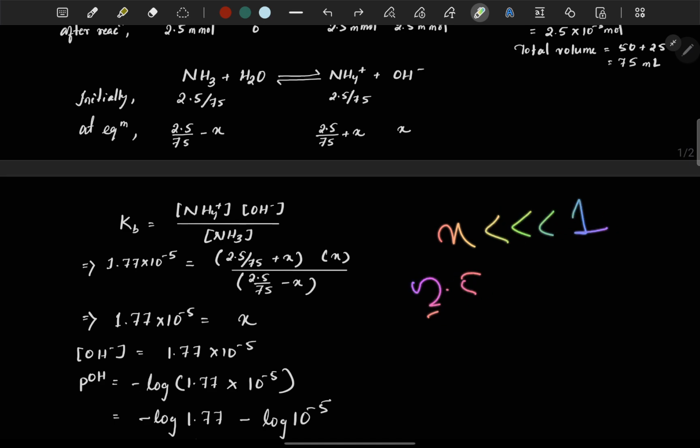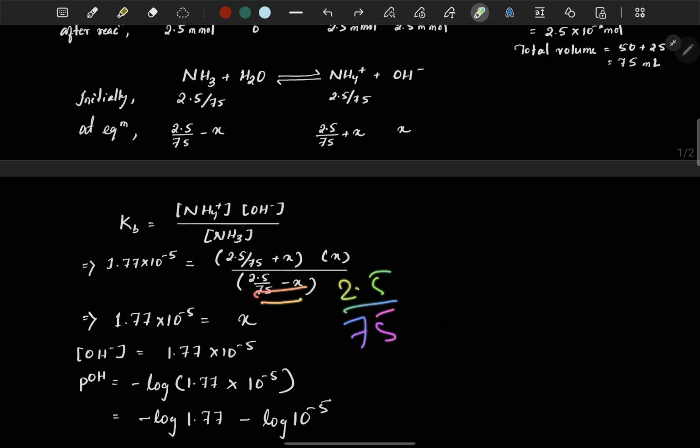So 2.5 divided by 75 plus X is nearly equal to 2.5 divided by 75. Similarly, this value is also equal to 2.5 divided by 75, because the value of X is very small. So this will be cancelled out. So we can find X is equal to 1.77 into 10 to the minus 5.